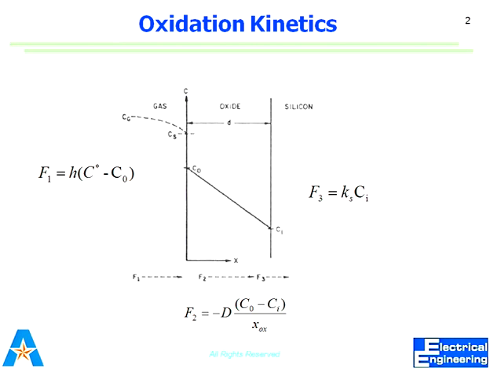Masking means to protect something from something else. So as a sacrificial layer, in technical terminology, we call it masking. Let's suppose I don't want to deposit metal on this part. So what I'll do is have the oxide layer over there.